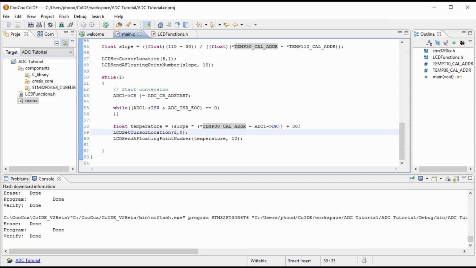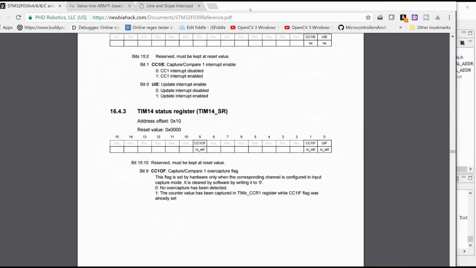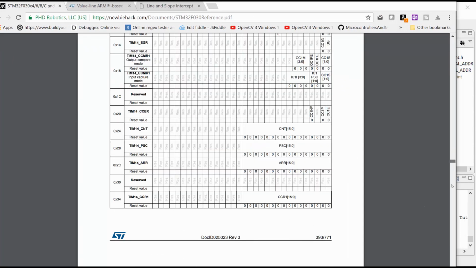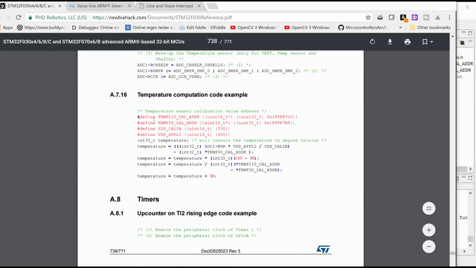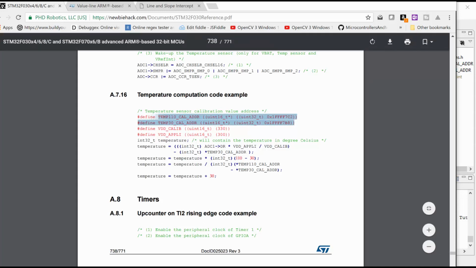And you can also see the difference with what was actually shown in the reference manual, where I think this was done correctly, and in the reference manual in their code example, this was helpful. And this allowed me to figure out what these numbers were, because they weren't really very well described.